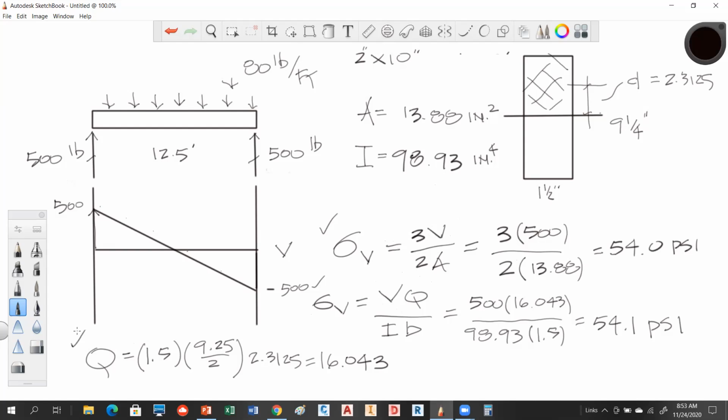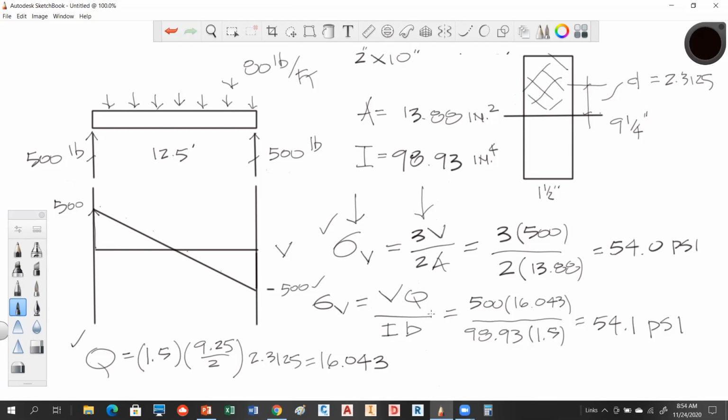Now, if you don't have a rectangle, you can't use this equation. This only works when you have a rectangular section. So my point is, try to use this equation if you can, because it's simpler. But if you have a weird shaped cross section, you can't use this; you have to use that.